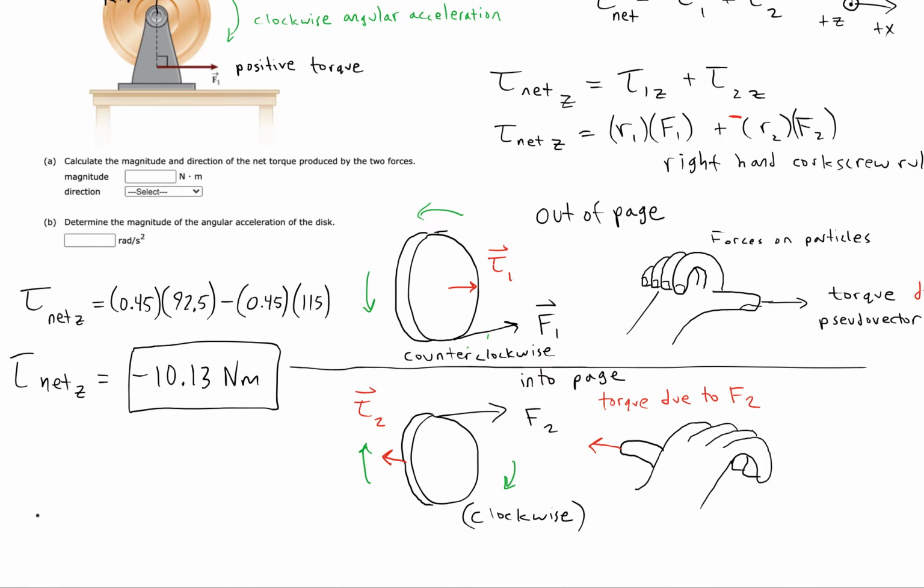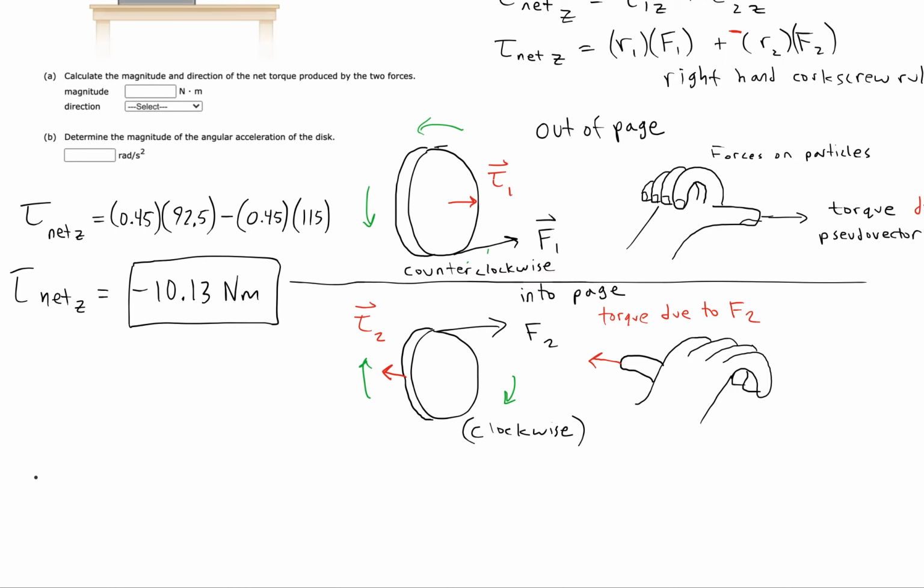So we could write it with unit vectors if we want as well. So the way we would do that is to use k hat or negative k hat. K hat is out of the page, and negative k hat's into the page. So that first one was a positive torque. The torque pointed out of the page. And so that's going to be considered the positive k hat direction.